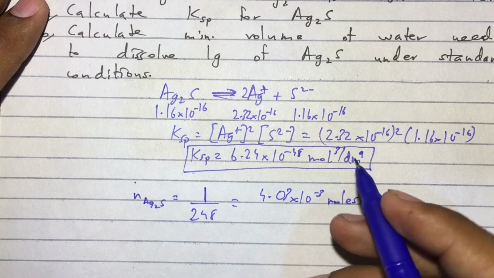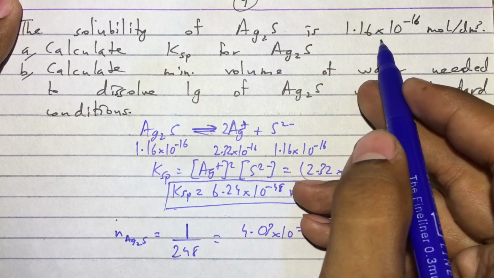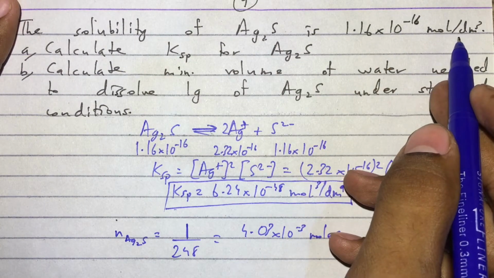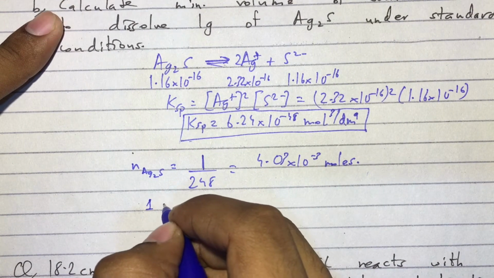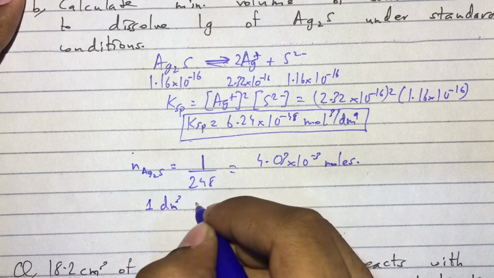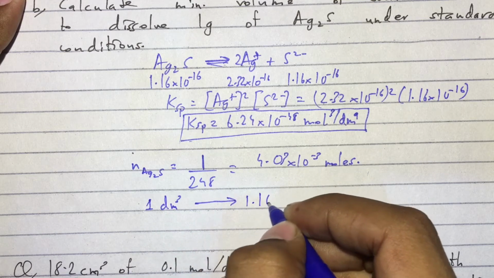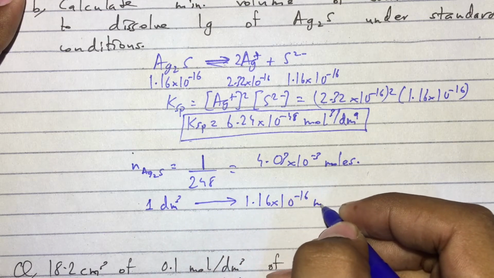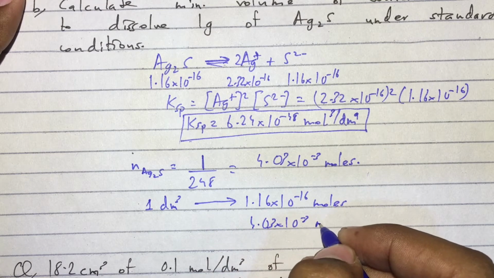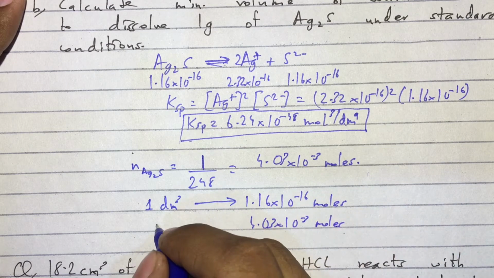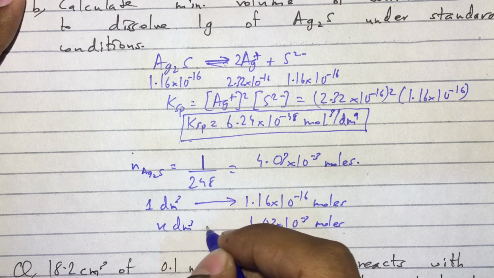Right. Now, as I mentioned earlier, solubility means the number of moles that will dissolve in 1 dm cube of water. So 1 dm cube of water dissolves 1.16 times 10 power negative 16 moles. Now we have 4.03 times 10 power negative 3 moles. So x dm cube will dissolve that.